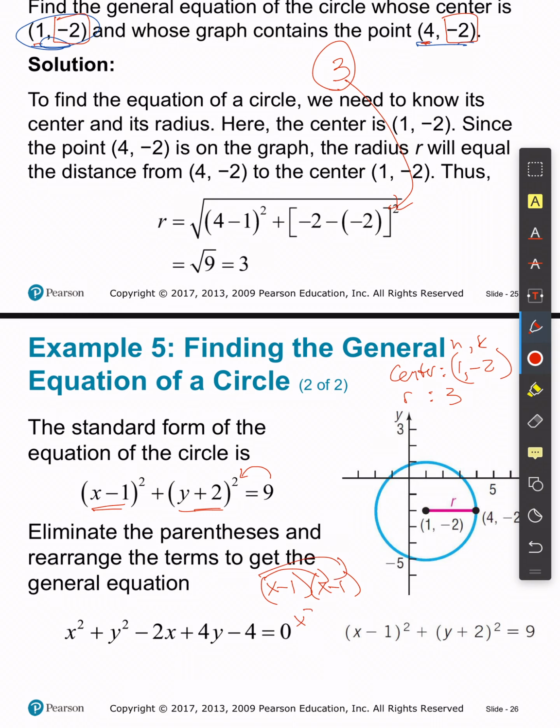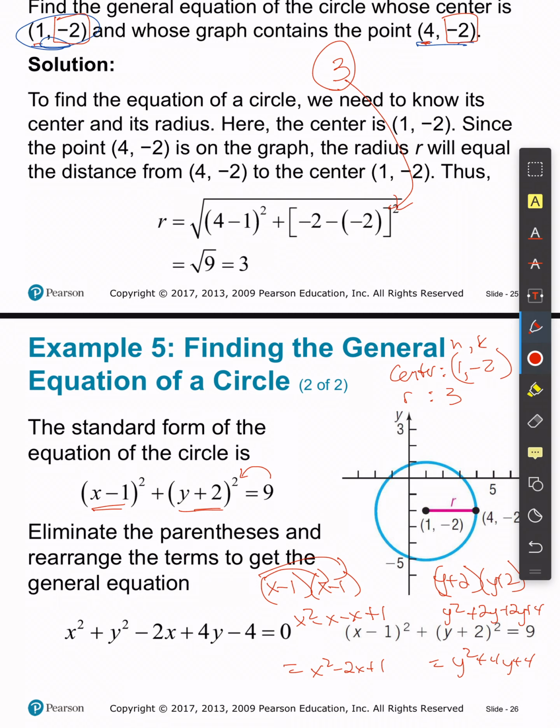This is equal to x squared minus x minus x plus 1, which is x squared minus 2x plus 1. And on the y's, we have y plus 2 times y plus 2. If I FOIL that out, I get y squared plus 2y plus 2y plus 4, which is y squared plus 4y plus 4.